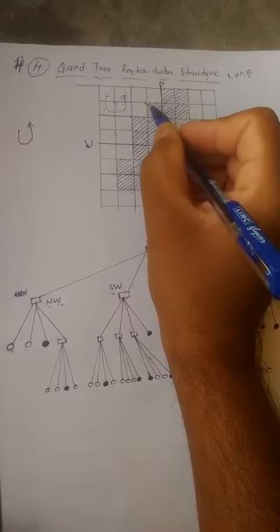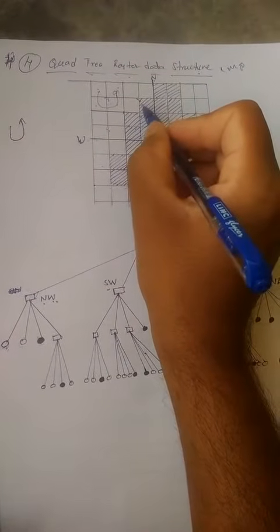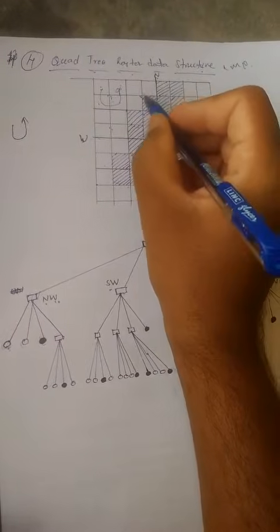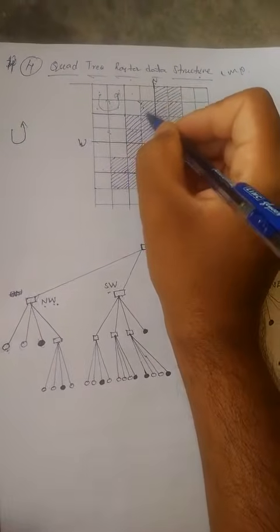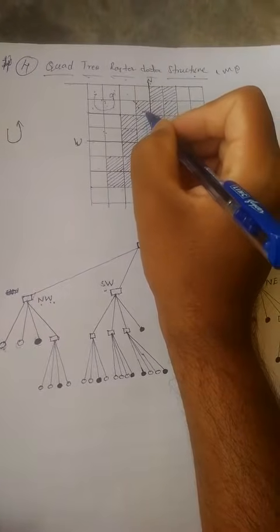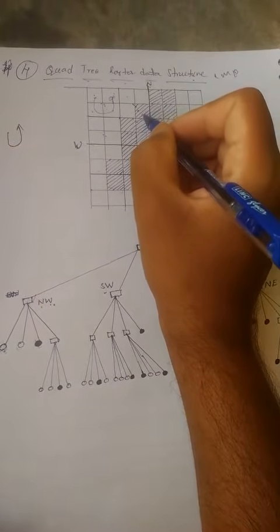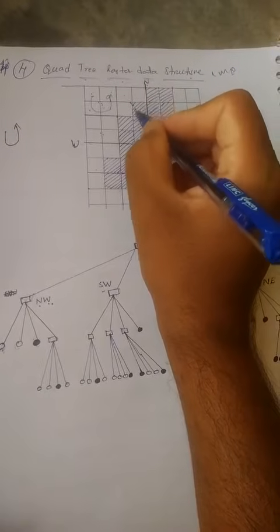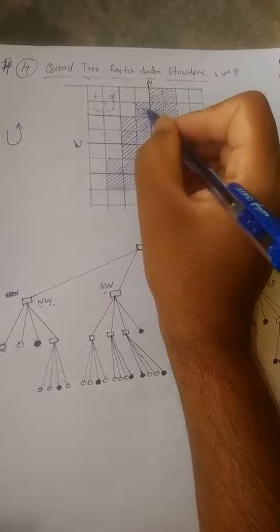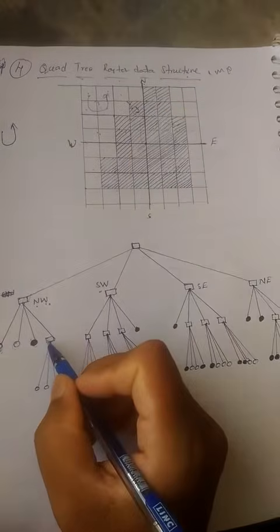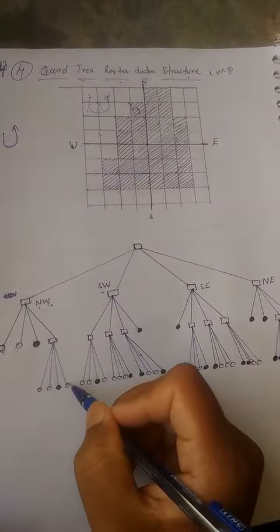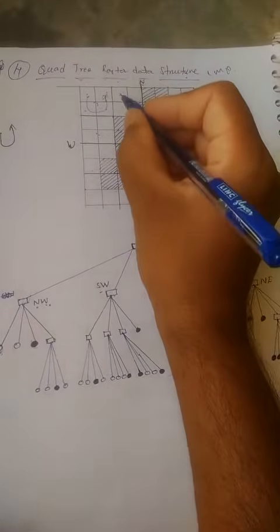See, this fourth one is entirely different. This fourth one will be sharing only one particular cell, one particular pixel. So in this case, we have to take one box again and represent the individual cells.